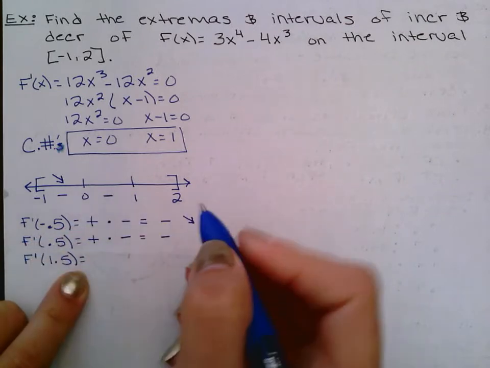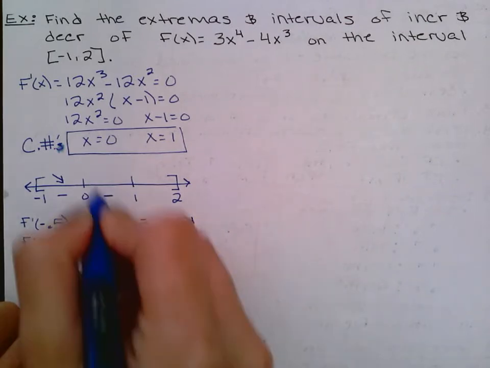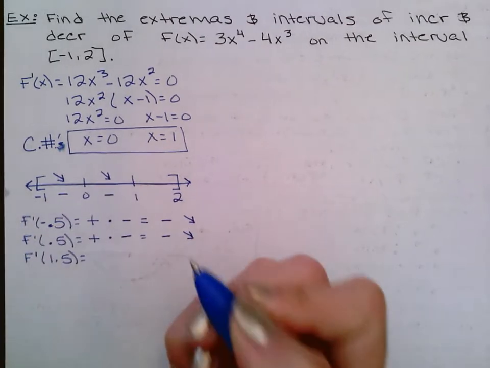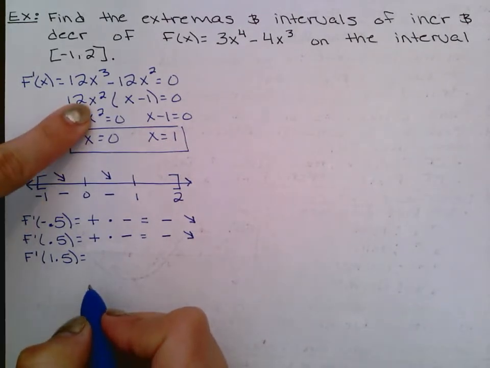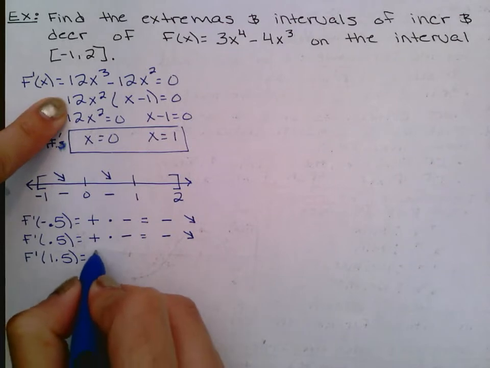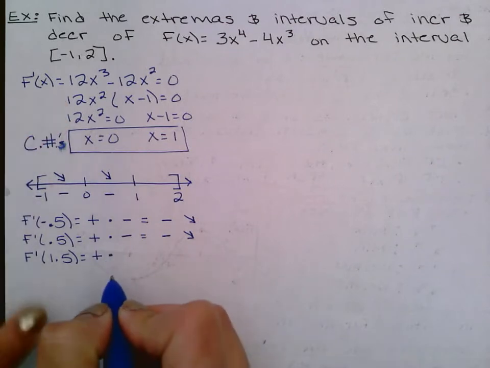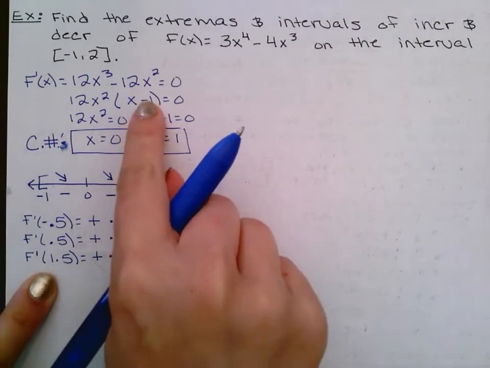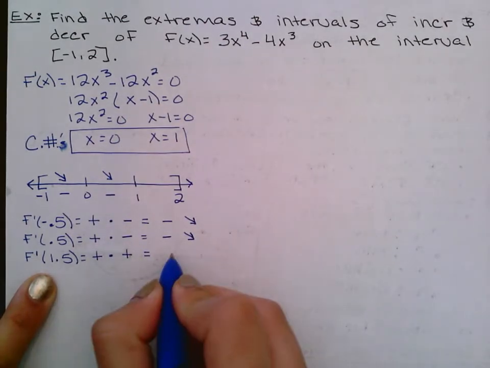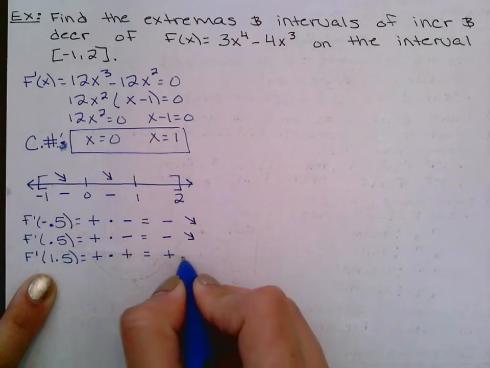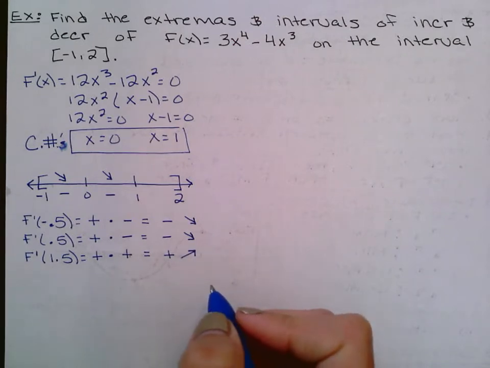I found that I was negative here, which means I was still decreasing. Okay? Last one, 1.5 squared is positive times a positive 12 is still positive. 1.5 minus 1 is a positive 0.5. So here I have positive times positive, which is positive, which means I was increasing. Okay?